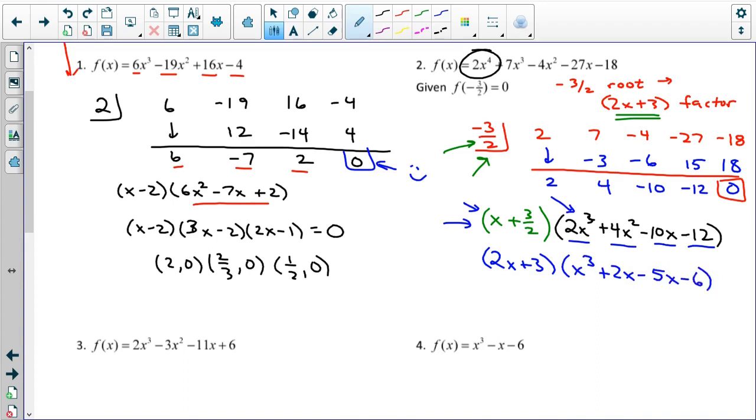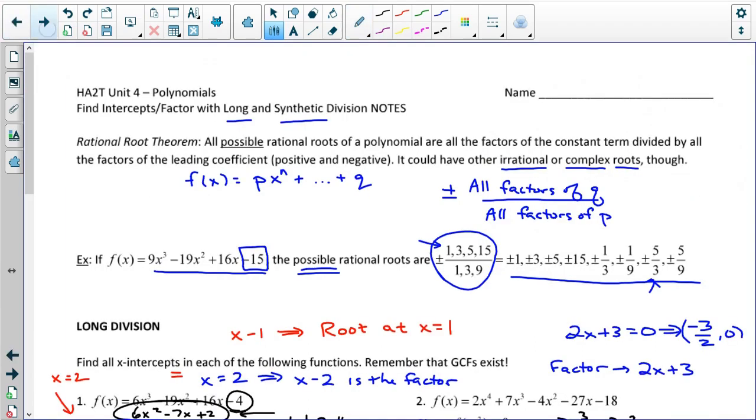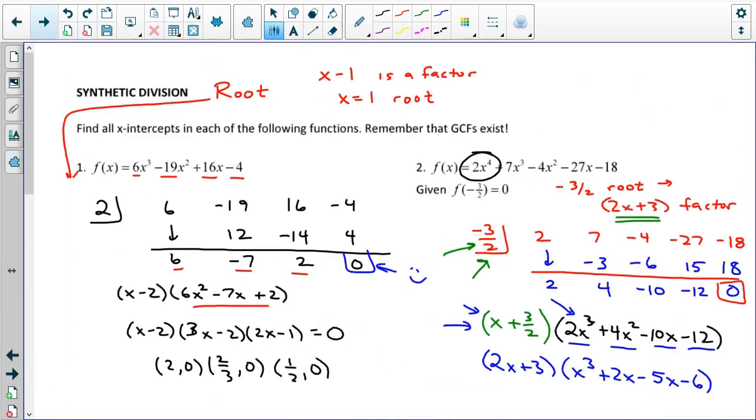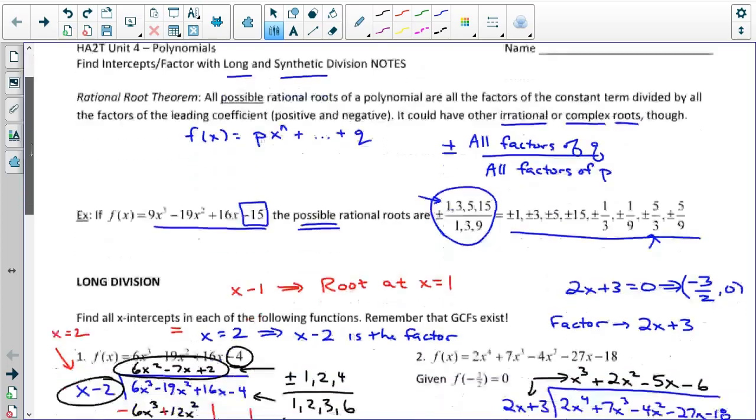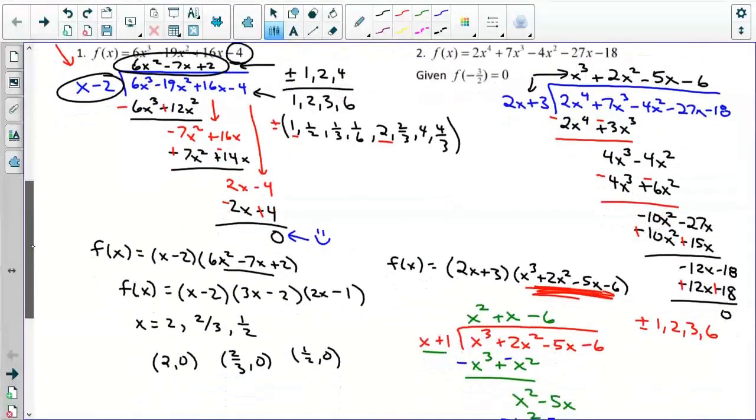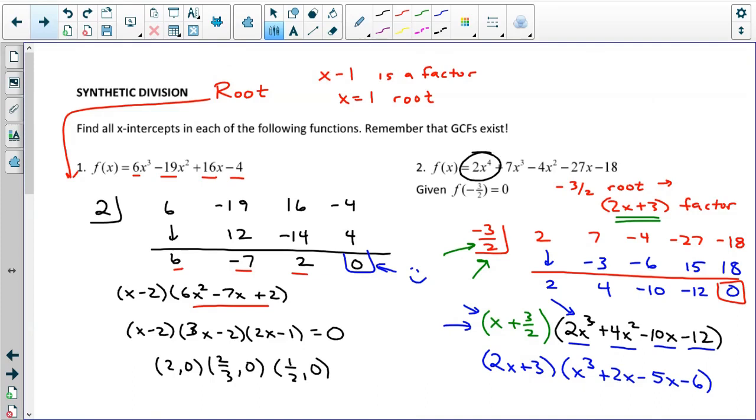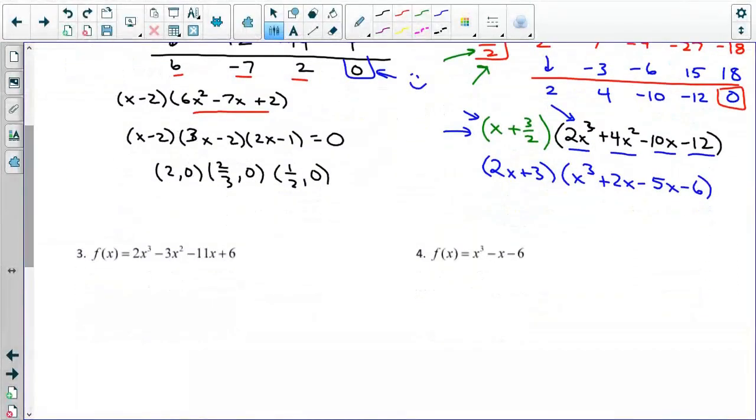And then I can just continue to factor things the way that I did on the last page. So if I remember correctly, x plus 1 was a factor. So that means that negative 1 should work. And then I can continue to do this with these coefficients. So 1, 2, negative 5, negative 6.